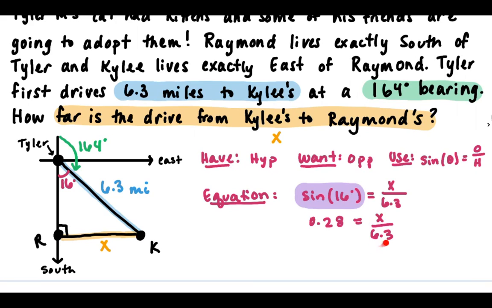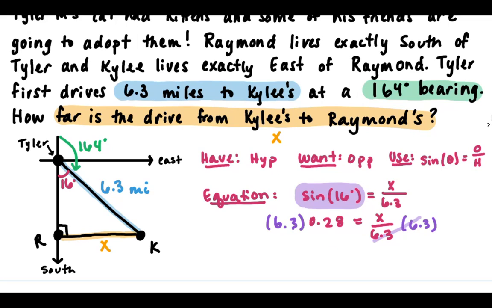Now all I'm trying to do is get x by itself over here, so I need to get rid of 6.3. So I'm going to multiply by 6.3 on both sides. Okay, on the right-hand side, those 6.3's cancel, leaving only x. And then on the left, I just need to multiply these two together.